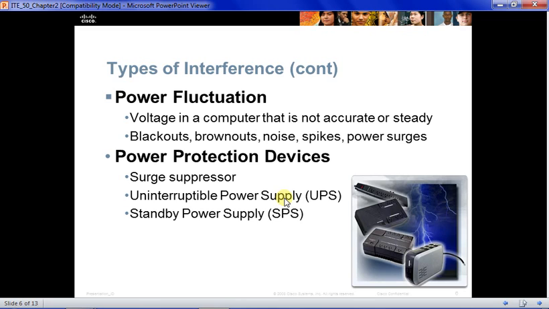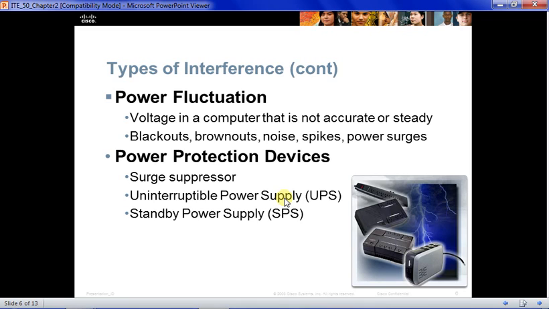Spikes are an increase of power, along with power surges. Spikes and power surges can be caused by electrical storms or outside interference. We have some devices that can help protect our computer equipment, such as surge suppressors, uninterruptible power supplies, or UPS, or standby power supply, SPS. So these are three things that we can use.